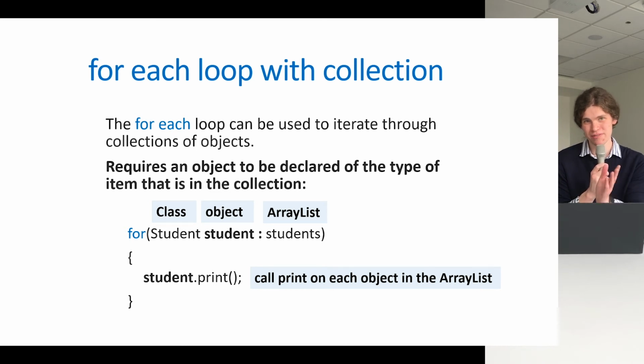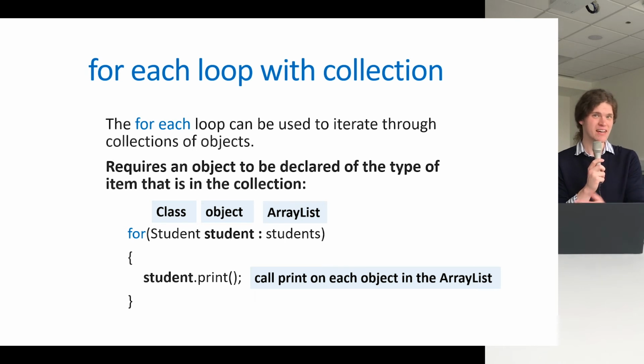That's the placeholder for all of the objects, one at a time. And then through that placeholder, one at a time, we can call the print method for each of the student objects within our array list. Okay, so that's hopefully filled in a few gaps there with what we're doing.